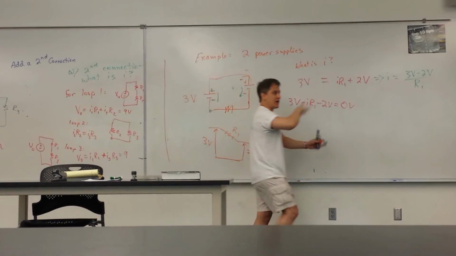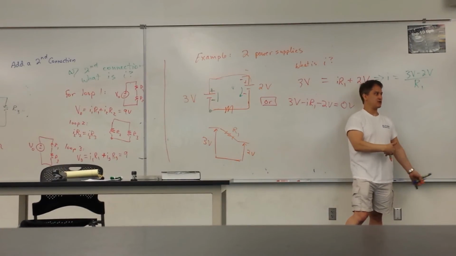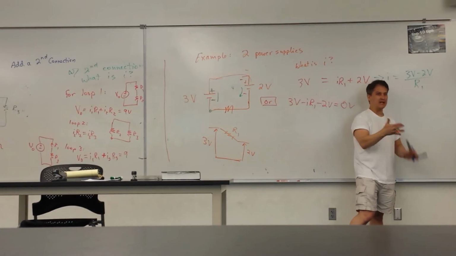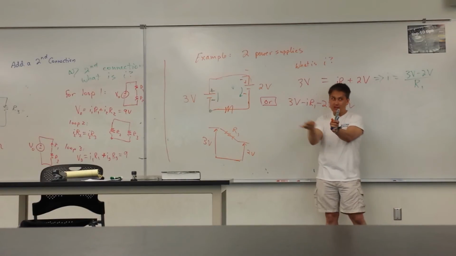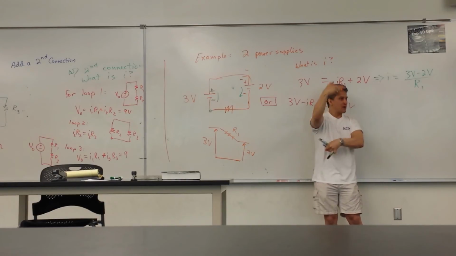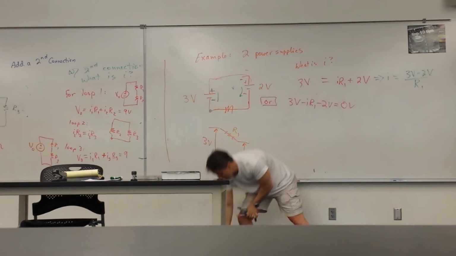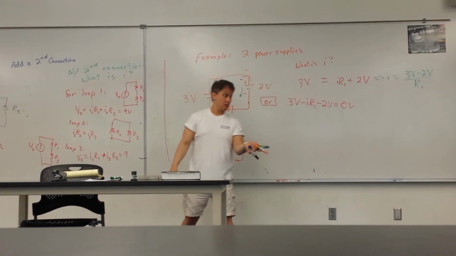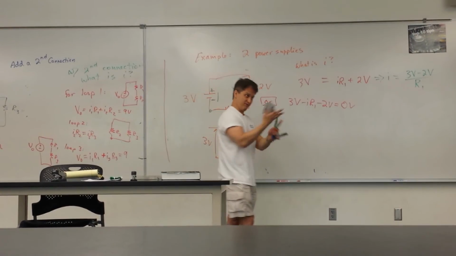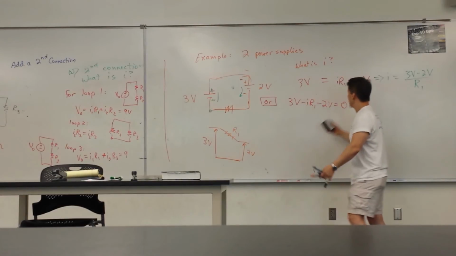You can put it down there, and now you've got the power supplies in series and the resistor outside of that. So it doesn't matter. When you know you have a series circuit, all the elements are interchangeable as long as the orientation of your power supply stays the same. That makes it helpful for visualization sometimes, if nothing else, it makes it easier to look at.